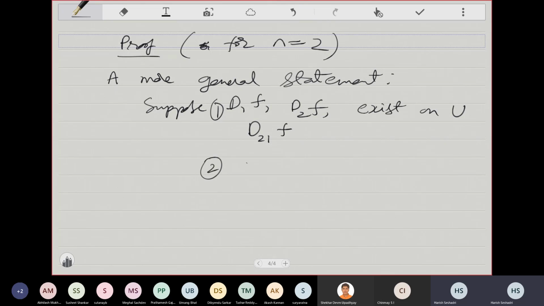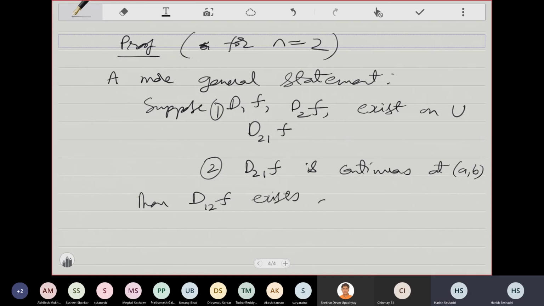The second condition is D21 f is continuous at (a,b). Then D12 f exists at (a,b), and D12 f at (a,b) is the same as D21 f at (a,b).